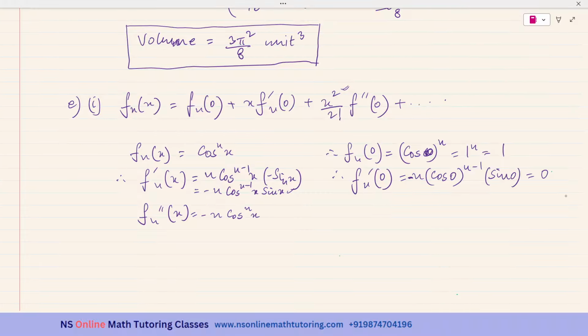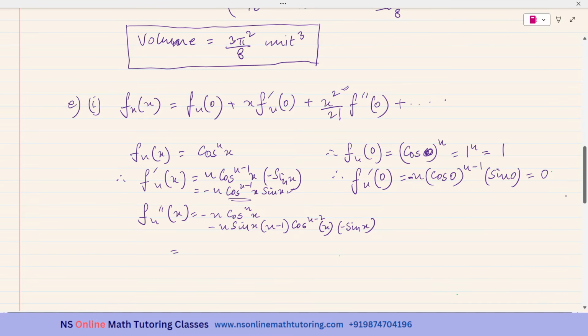Okay, and now I am differentiating this one. So this is minus n and sin x and n minus 1 cos to the n minus 2 of x, and the derivative of cos is negative sine.